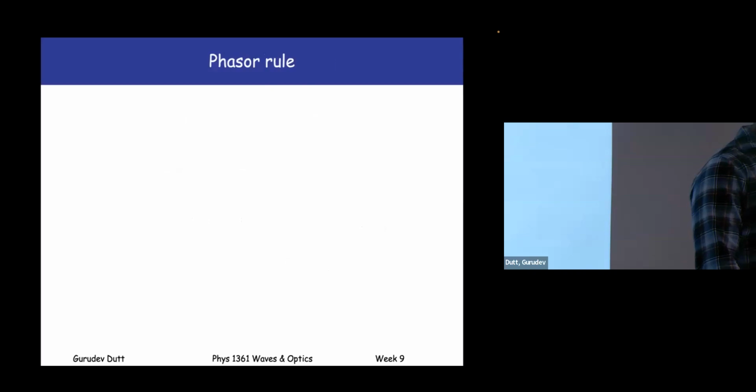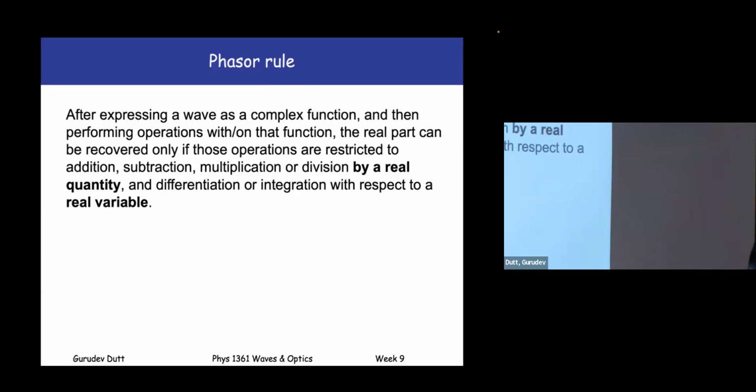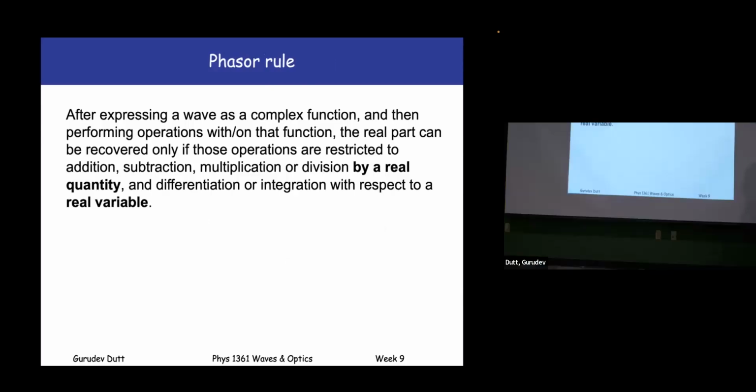Okay. So just to summarize the phasor rule. Once you express a wave as a phasor, a complex function, and you want to perform operations with that function, then you can only recover the right answer, the real part, if all of these operations are restricted to addition, subtraction, multiplication, or division by a real quantity.